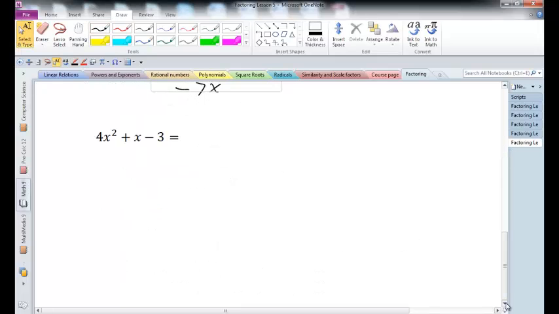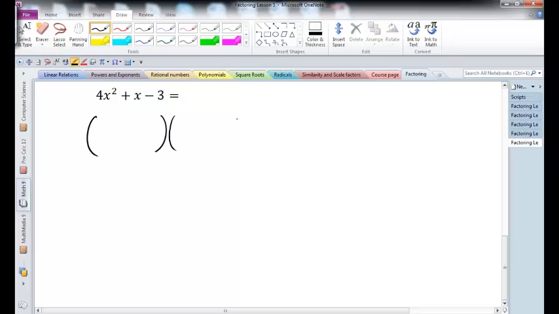Here's another one we can do together. We know it's going to factor into two binomials. We look at the factors of the constant. That would be 3 and 1, or negative 3 and 1. We look at the factors of our first term, and we would have 1, 2, 4.